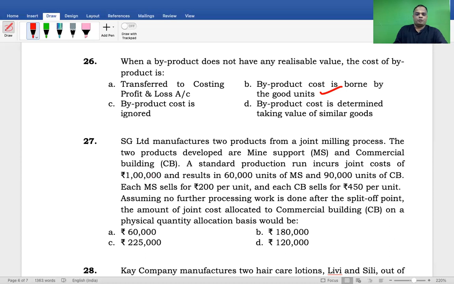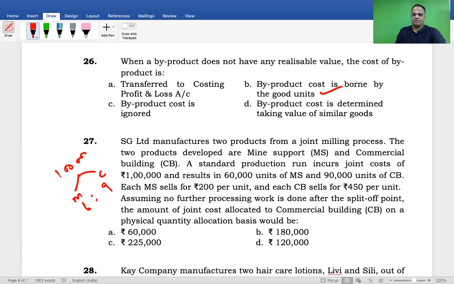On what basis do we apportion? Total joint cost is 1 lakh, incurred for two different products, MS and CB. Physical unit means what is the ratio? 60,000 and 90,000, am I right? So a 6:9 ratio to apportion. If I apportion 1 lakh in the 6:9 ratio, what is the joint cost for CB?